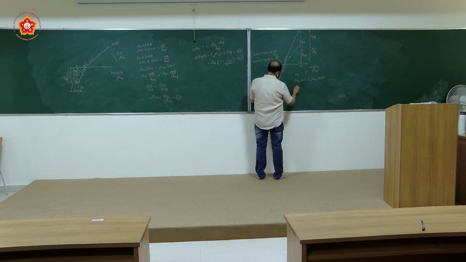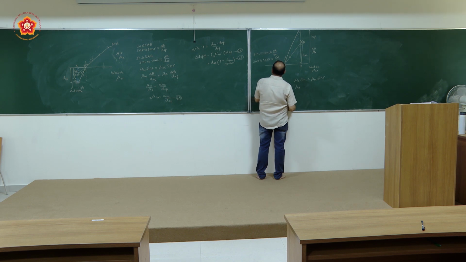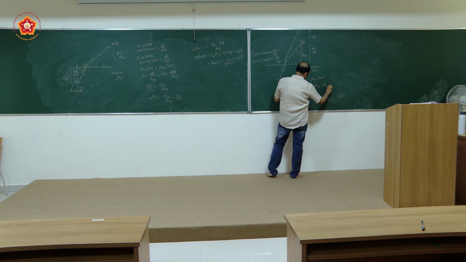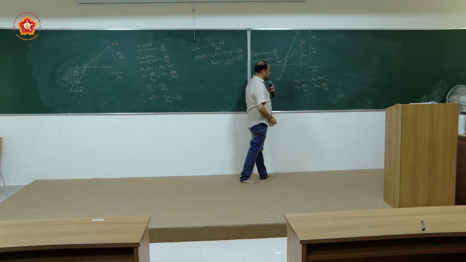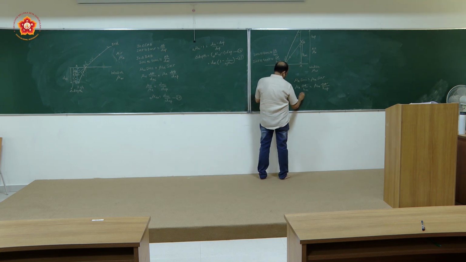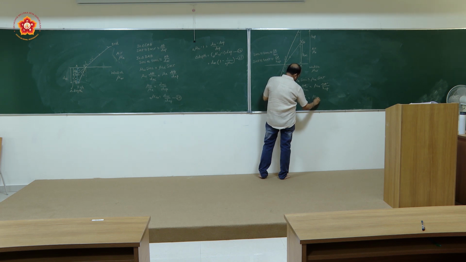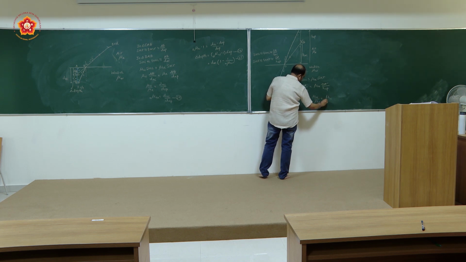So if you substitute it here, refractive index of air multiplied by sine I, that is OA upon H actual, is equal to refractive index of water into sine of R, OA divided by H apparent. The factor OA is getting cancelled. You will be able to write down here H apparent upon H actual is equal to refractive index of water upon refractive index of air, that is equal to refractive index of water with respect to air.